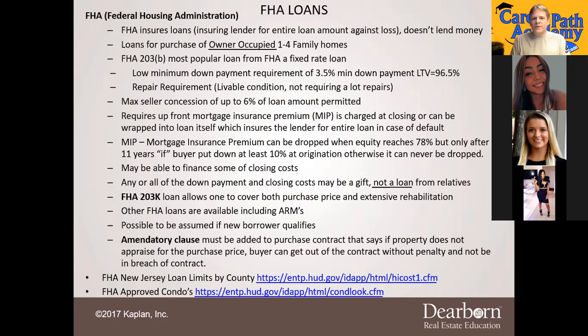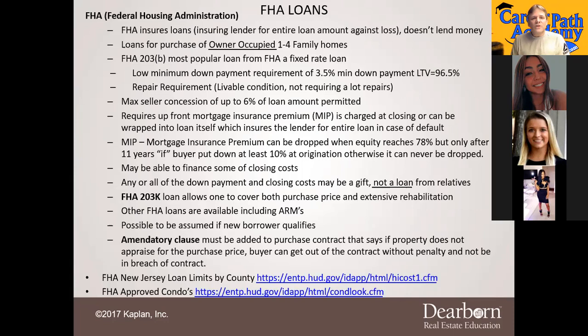They're not for fixing and flipping. They're not only for first-time home buyers. This could be the 10th home you've ever owned in your life. An FHA loan, however, is only for owner-occupied homes, so you're only allowed to have one at a time. You understand the reasoning behind that now? You're only allowed to have one loan at a time because you're only allowed to live in one home at a time as your primary residence.